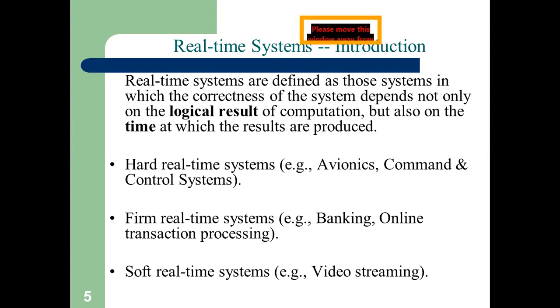Similarly, firm real-time systems: firm means there is a very major role. Currently we use them in banking and online transaction processing. But everything is based on the Internet of Things.